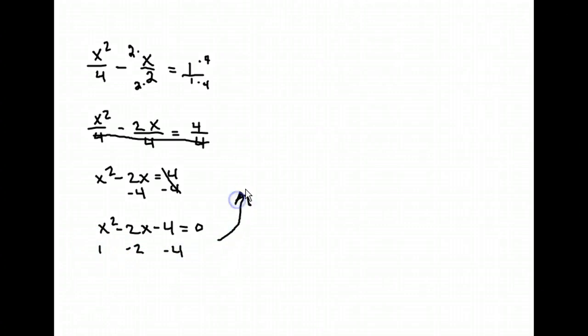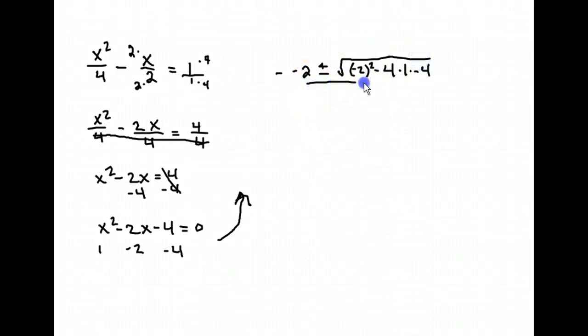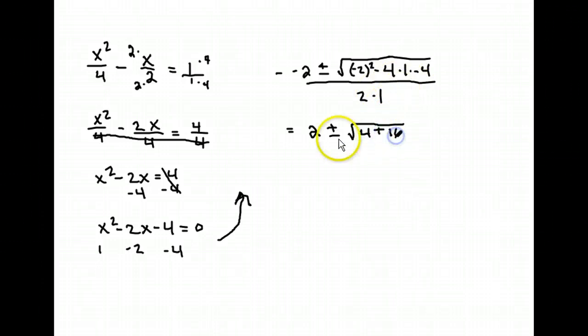So what you'll have is negative negative 2, because it's minus b, and b happens to be negative, plus or minus the square root of negative 2 squared minus 4 times a times c, all divided by 2a, or 2 times a. So what that comes out to be is a positive 2 plus or minus the square root of 4 plus 16, all divided by 2.